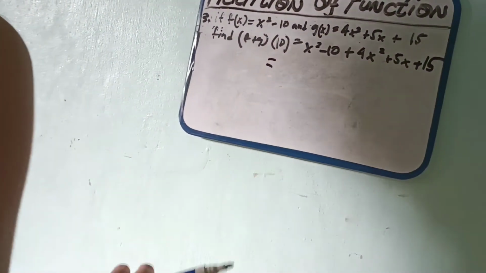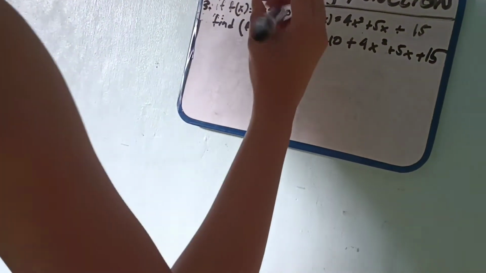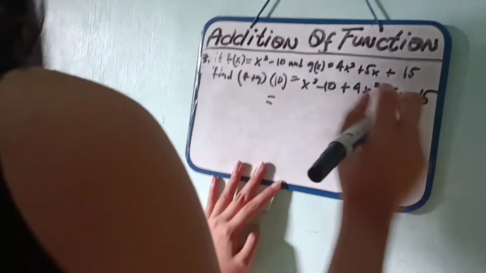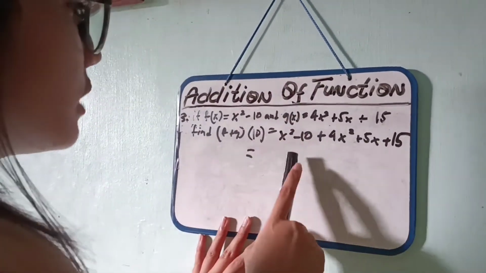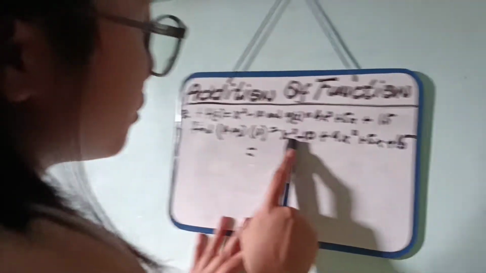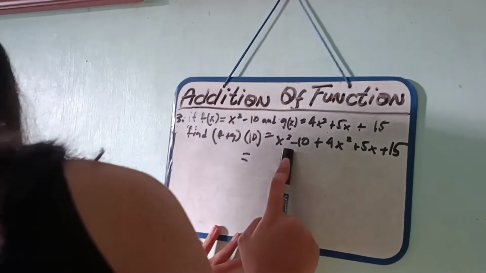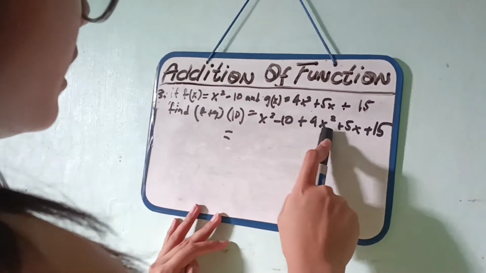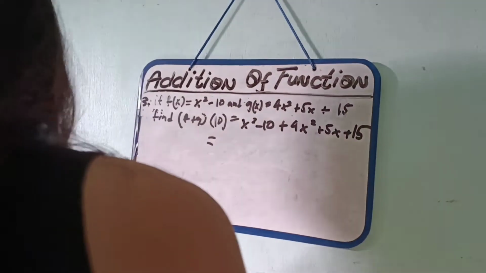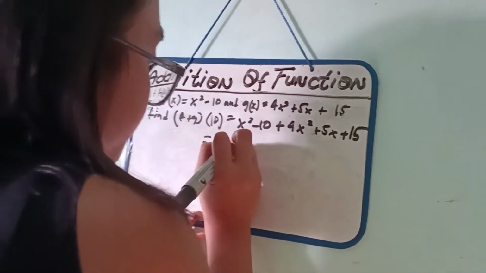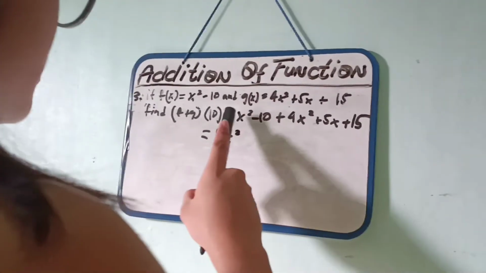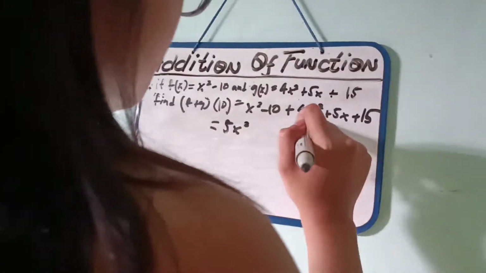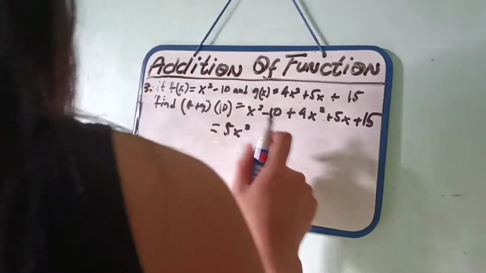So first, let's arrange it. Then combine like terms: x squared and 4x squared would be 5x squared. Like I said earlier, x has an invisible 1, so it reads 1x squared plus 4x squared, which is why it became 5x squared.